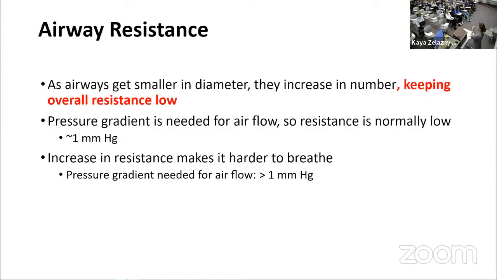Okay. Smaller things have higher resistance, but overall, because of this increasing in branching, they're going to keep the total resistance in the lungs low. This is like when we talked about our total peripheral resistance in the arterioles, right? We talked about that we were just adding up all the resistance in all of them, right?